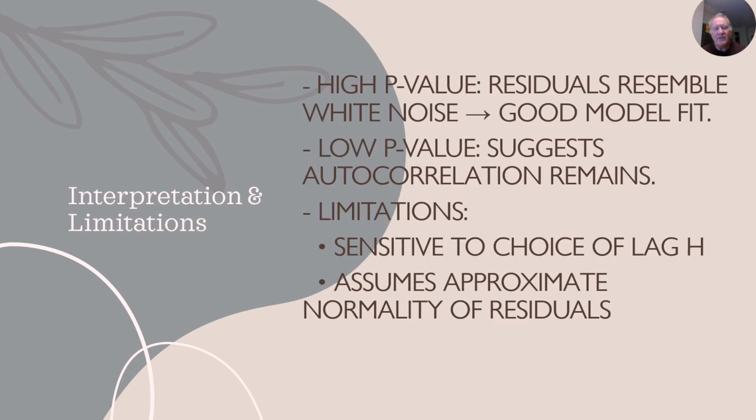High p-values mean the residuals resemble white noise, and it's a good model fit. Low p-values suggest autocorrelation remains. The limitations are that they're sensitive to your choice of lag h, and they assume approximate normality of the residuals.